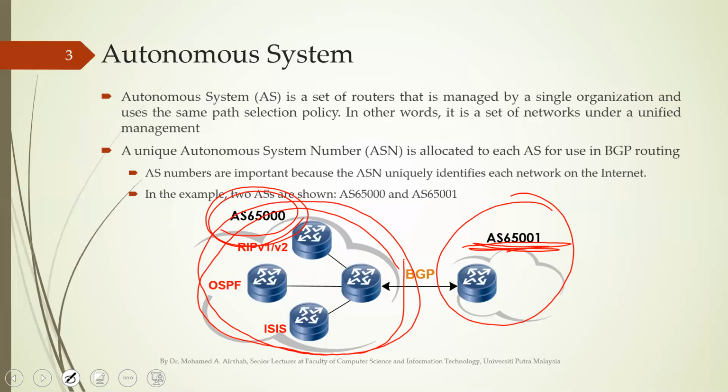So this system, the first one on the left and the second one at the right, they can communicate to each other using something called exterior gateway protocol for routing. So the common one that's very well known and commonly used around the world is the BGP.